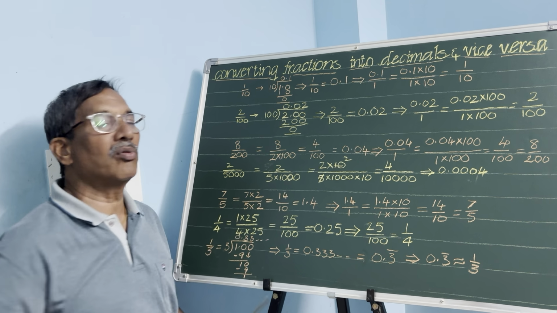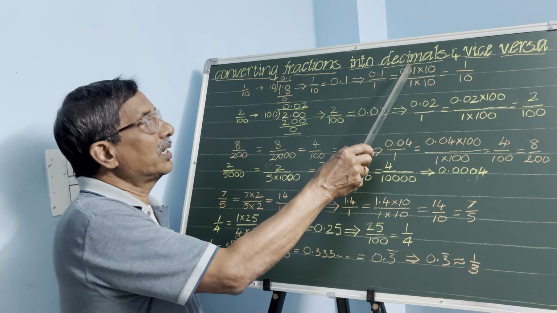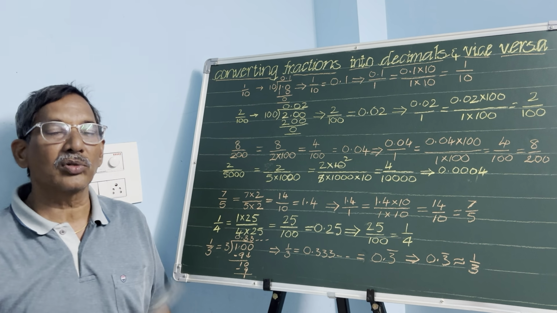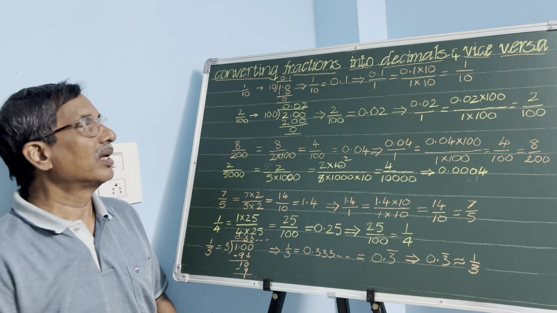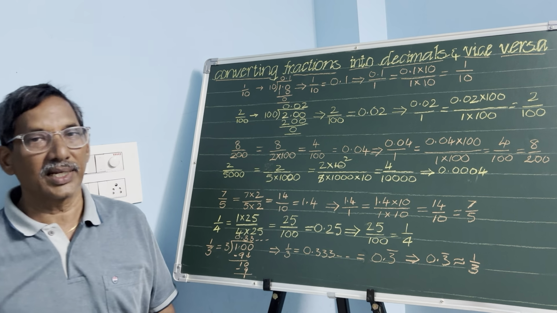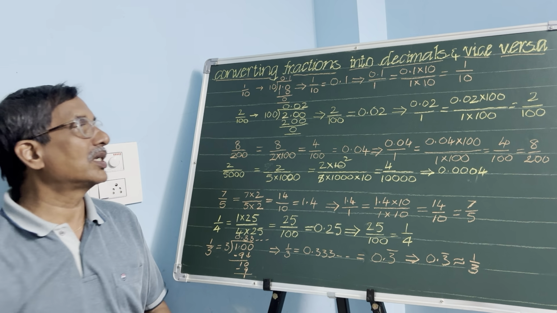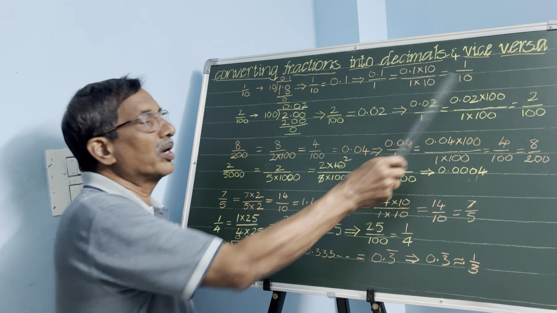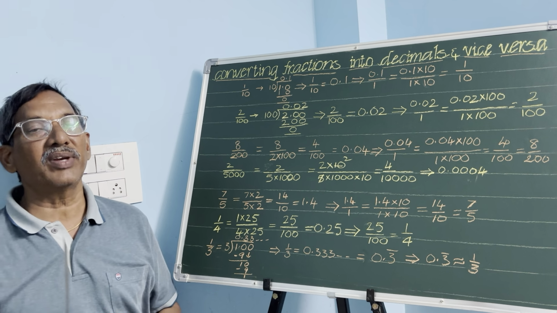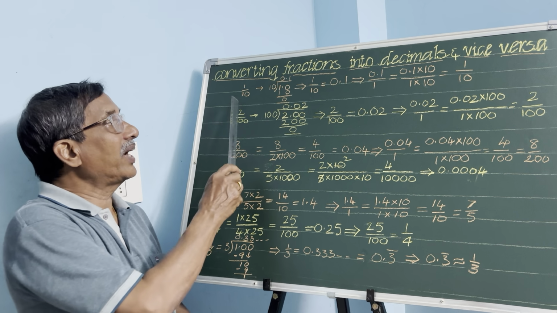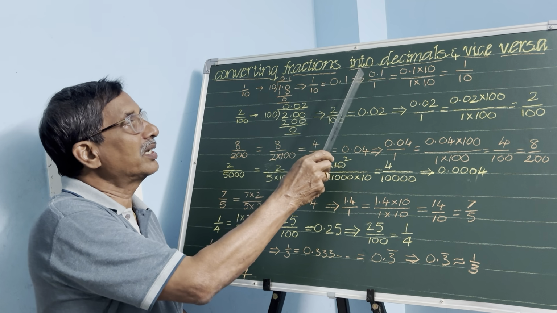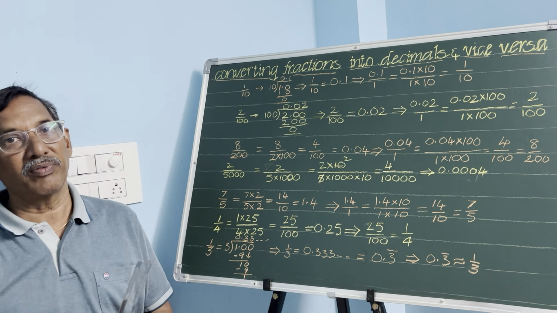Here we have only one zero, so the decimal moves one place, giving 1.0 or 1. So 1 into 10 is 10. Now we can prove that 0.1 is equal to 1 by 10. This is the way we convert normal fractions into decimal fractions and decimal fractions into normal fractions.